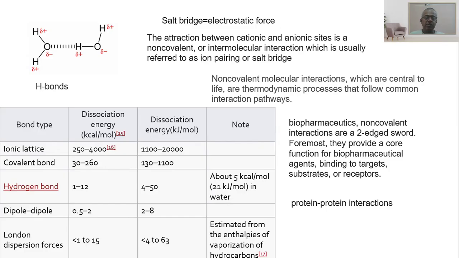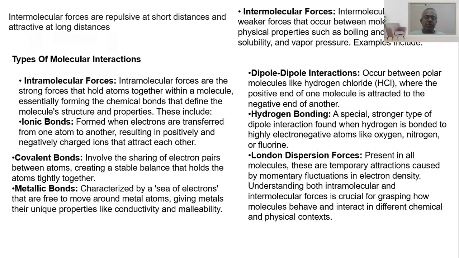This is about 5 kilocalorie per mole and around 21 kilojoule per mole in water. In water, you can see the power of the hydrogen bond increases. That's why the range is 1 to 12. The solvent is very important. If you are talking about molecular interaction, then two things are very important.